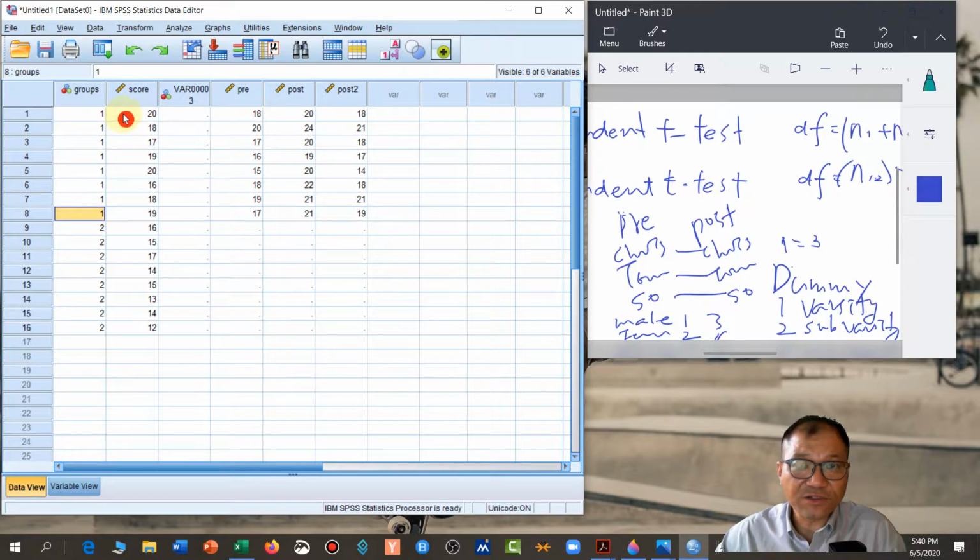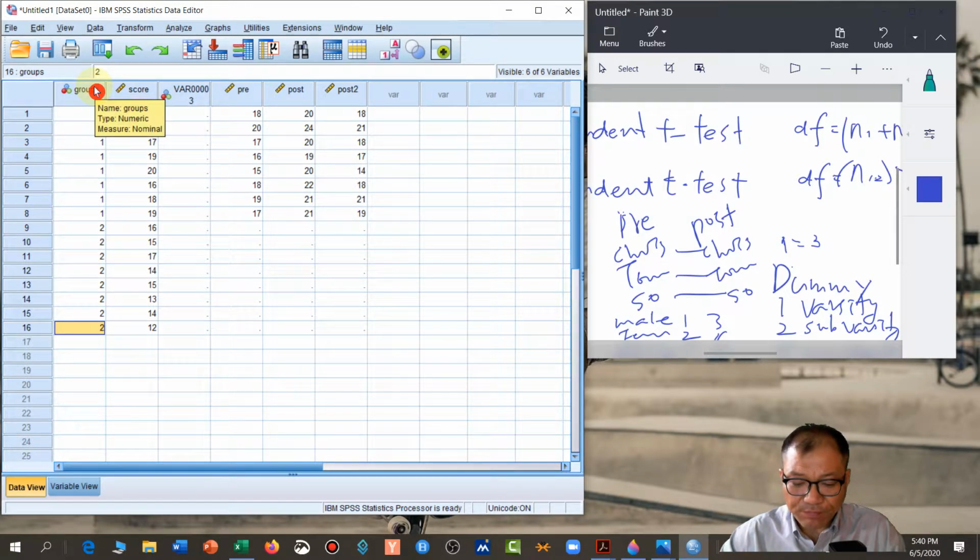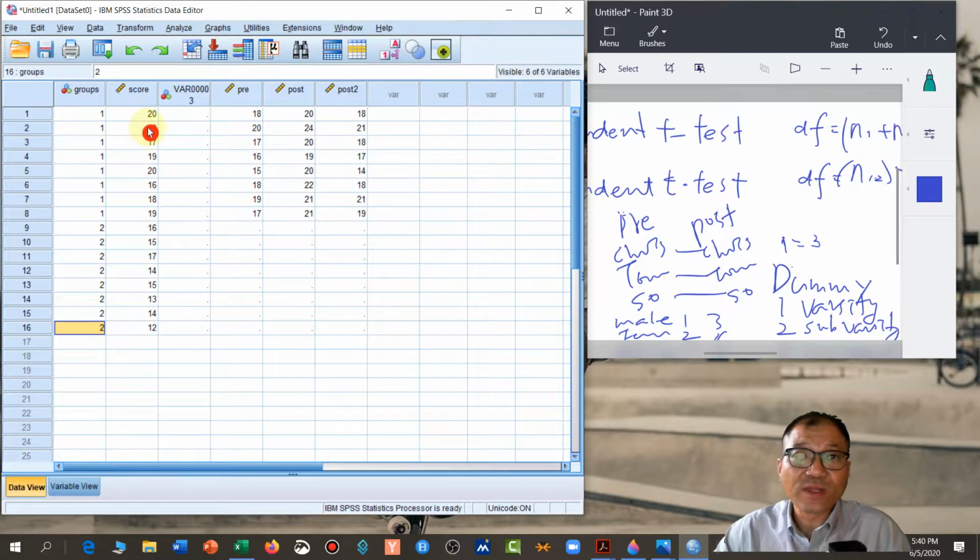You can see how many varsity players you need to count. Dummy code 1, 2, 3, 4, 5, 6, 7, 8. So I have 8 data points for varsity, and I have 1, 2, 3, 4, 5, 6, 7, 8 for sub-varsity. Here I just put the score. Now you have two separate teams, one called varsity and another called sub-varsity.